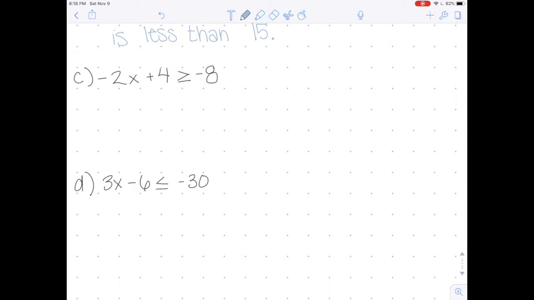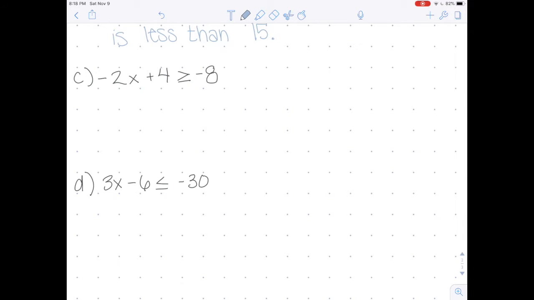C, we've got -2 times x plus 4. So let's back up a little bit. We need to add these two things together. So there's two different ways we could do this.